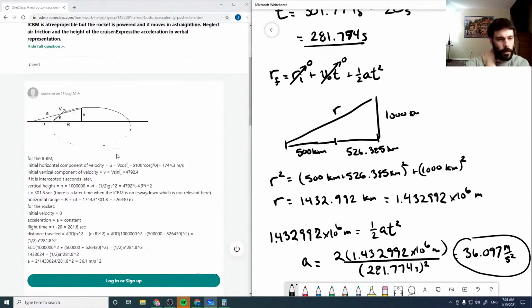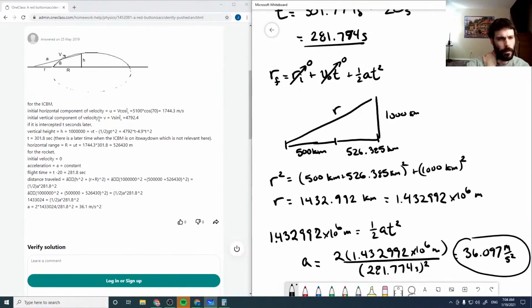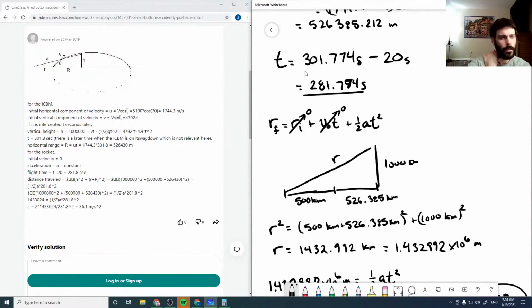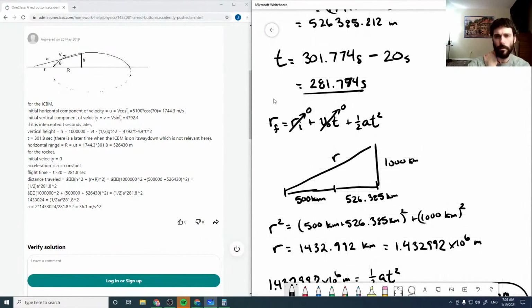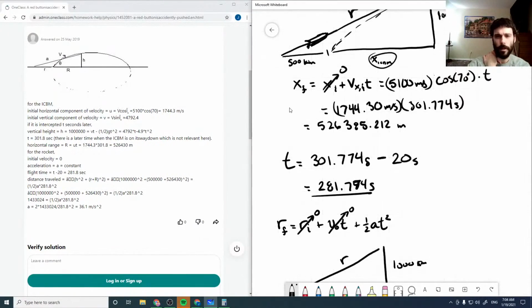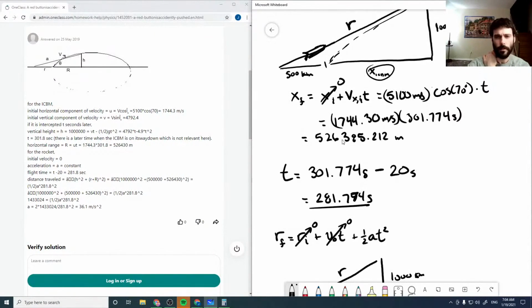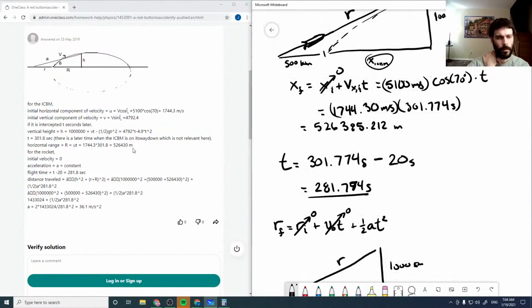Okay, so checking through the solution. So we need to find our time. It comes out to be 301.8 seconds, so that looks good. So we need to find the horizontal range, which comes out to be 526, so that looks good. Just some rounding differences there.